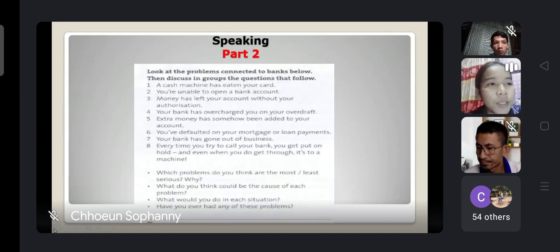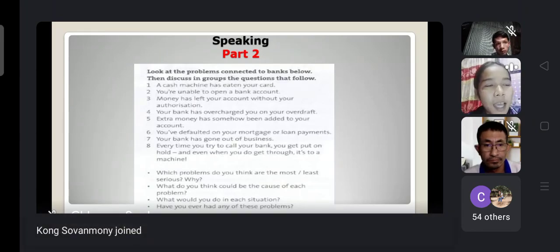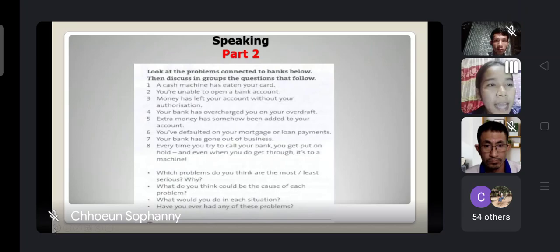Number two, you are unable to open a bank account. Number three, money has left your account without your authorization. Four, your bank has overcharged you on your overdraft. Number five, extra money has somehow been added to your account.